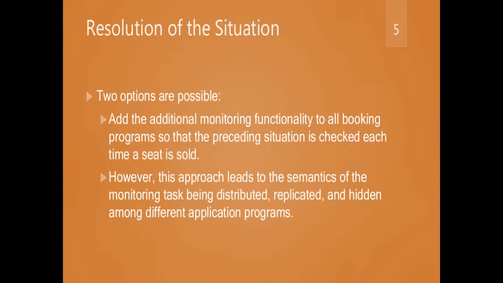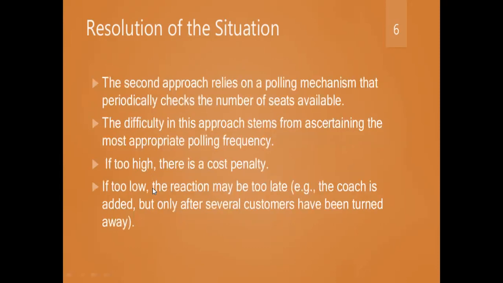However, this approach leads to semantics that are not meaningful for monitoring, because it is distributed. If connection failures occur, it will not work, so this is also going to fail.